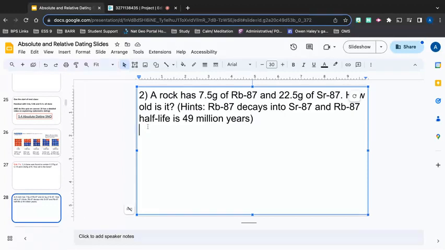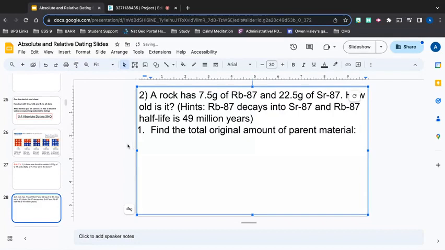All right, so step one, find the total original amount of parent material. Remember, parent material is the radioactive stuff. How do you know? You look at what you have right now in your fossil or in your rock, and you take the radioactive stuff that's currently still radioactive and has not yet broken down, plus its daughter isotope, or the thing that it has broken down into.